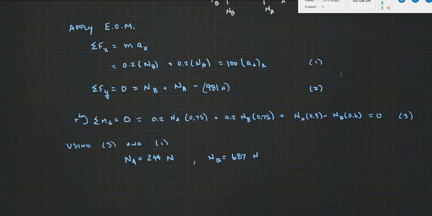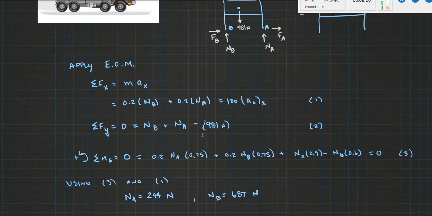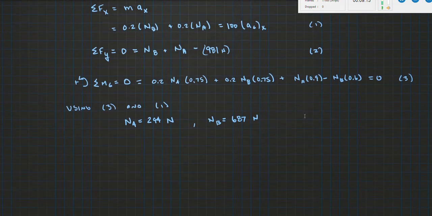Finally, we can plug these two back into equation 1 here and solve for acceleration. So acceleration of G equals 1.96 meters per second squared, and that's what we're looking for.